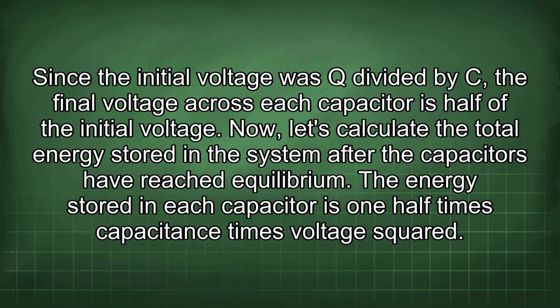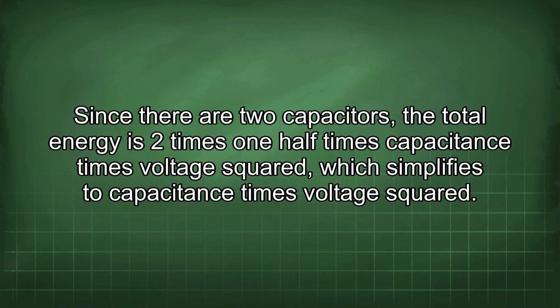The energy stored in each capacitor is 1/2 times capacitance times voltage squared. Since there are two capacitors, the total energy is 2 times 1/2 times capacitance times voltage squared, which simplifies to capacitance times voltage squared.